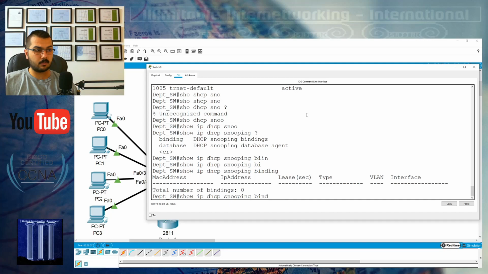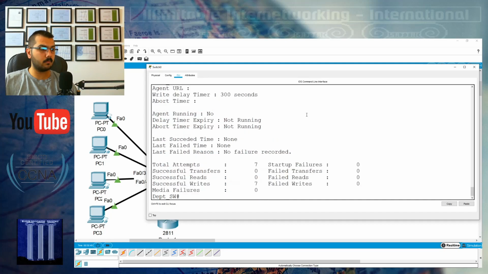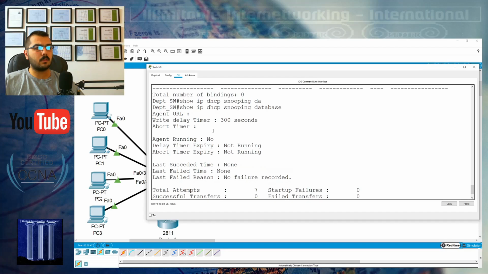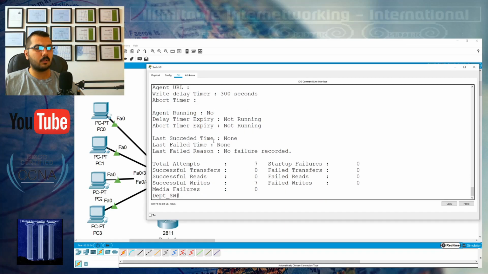Okay, and database. Total attempts. Let's read the numbers. Agent running. Attempts 7. Success rates 7.